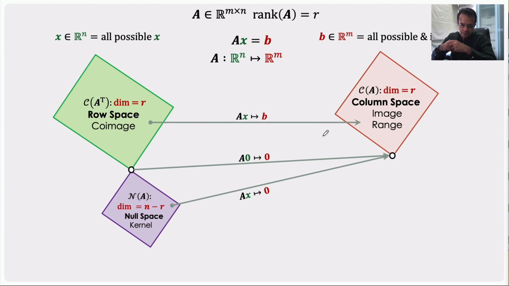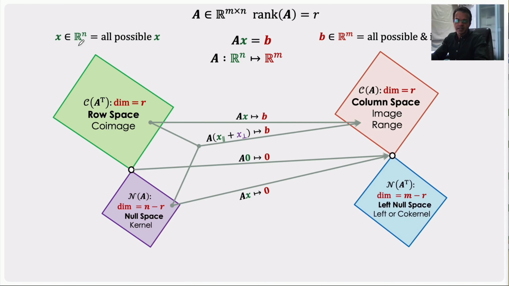A large number of vectors, in fact most of the vectors in the three-dimensional space, were not in the row space nor in the null space. Those vectors are linear combinations of vectors from the row space and the null space. They all go to the column space as well. So we have accounted for everything that is happening in R^n. There's nothing that is left to go to the left null space.